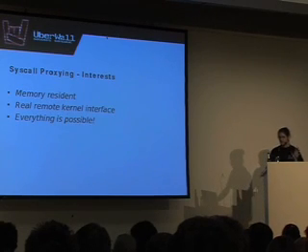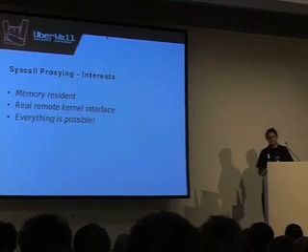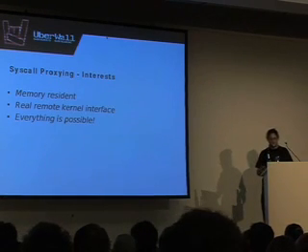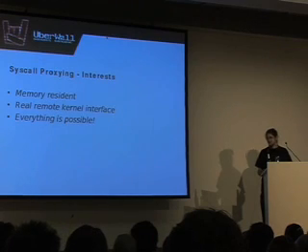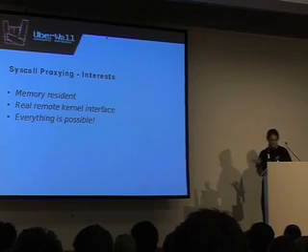From my point of view, the interest of the technique I use is that it's memory resident. We will see later about that. That's providing you a real remote interface. And a lot of things are possible because that's a kind of universal usage you can do with that.